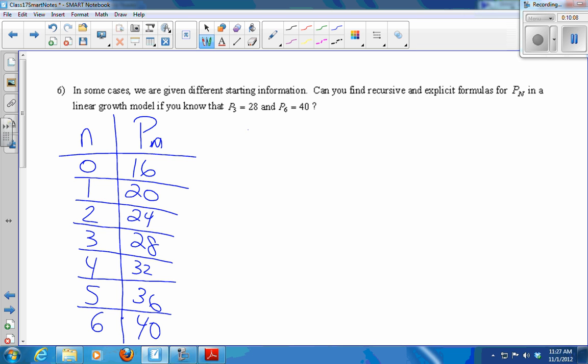So then to write my recursive rule, I can just say, well, the population at any given year is equal to the population from the previous year, which is p sub n minus 1 plus 4.